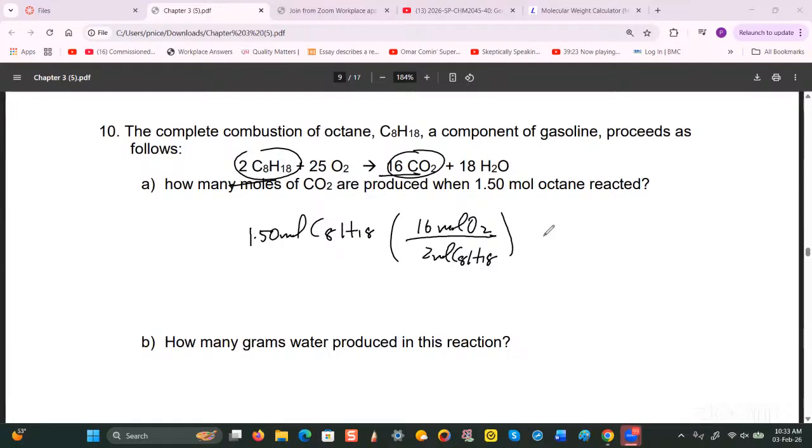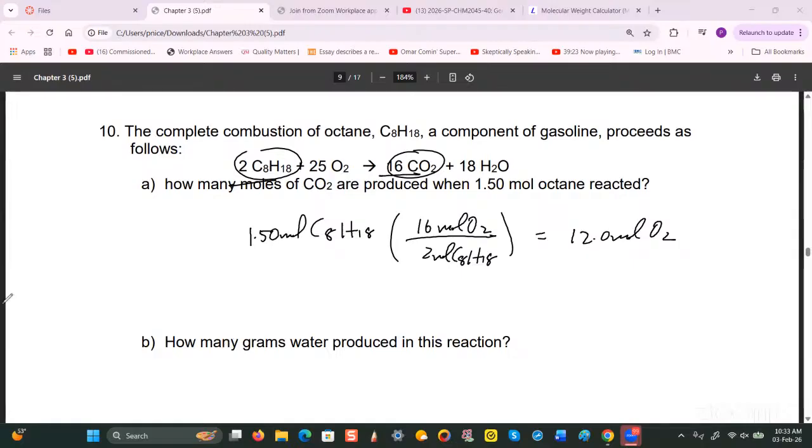And then I'll do the number crunching. So that's 1.5 times 16 divided by 2. So according to my calculation, this works out to be 12.0 moles of CO2. All right? And that's basically how that is done. Okay, relatively simple problem.